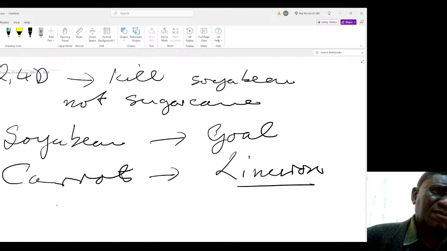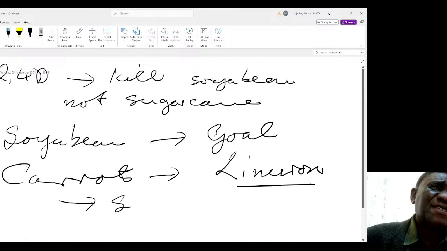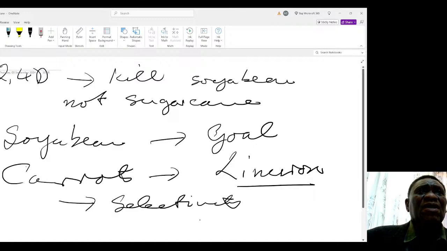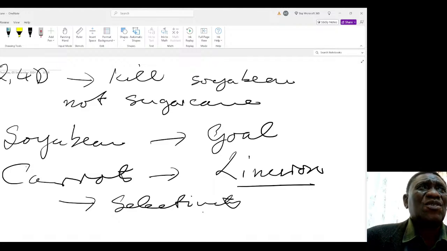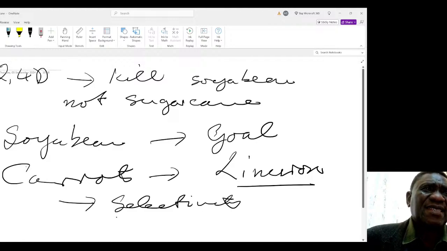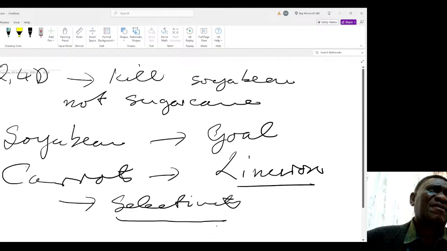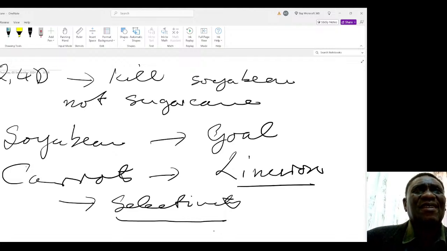Therefore, we have selectivity. So the movement of the herbicide, once it has gone through the cuticle, may determine whether we are going to have selectivity or not. And we can have good examples from 2,4-D, gall, and linuron.